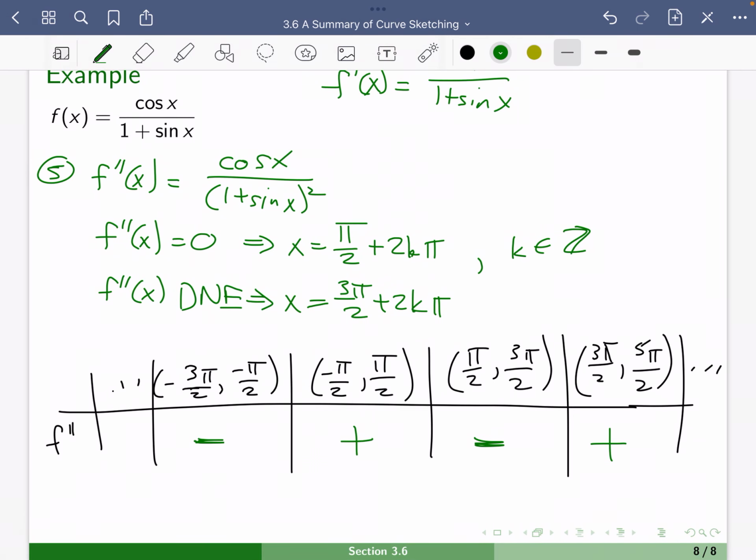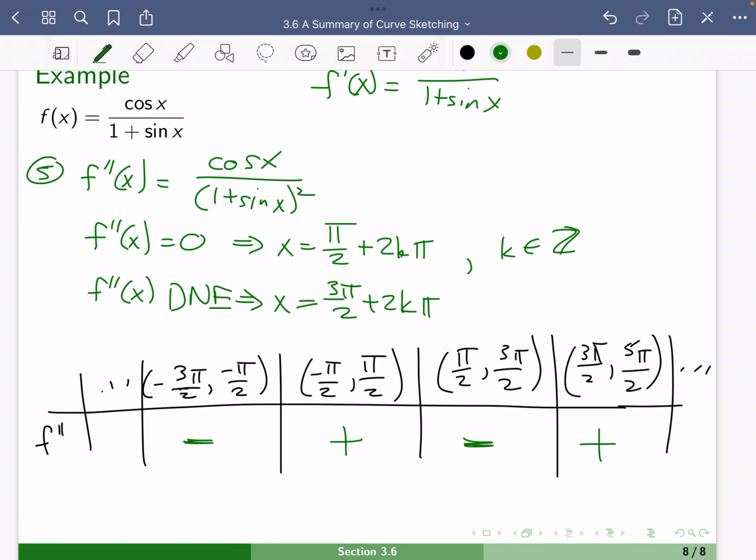So this is going to alternate between concave up and concave down at every odd multiple of pi over 2. The end behavior does not exist on this trig function.